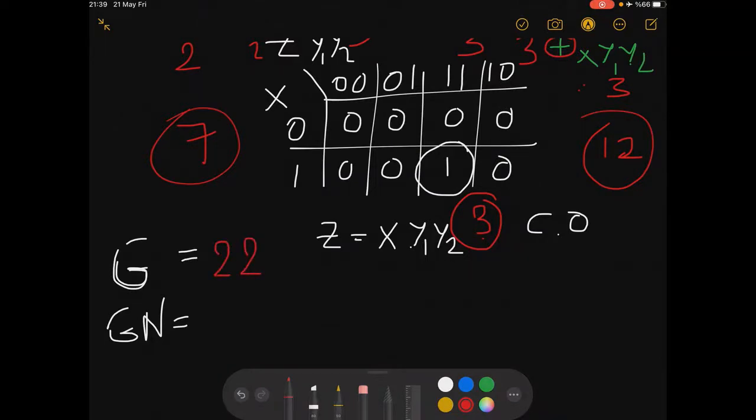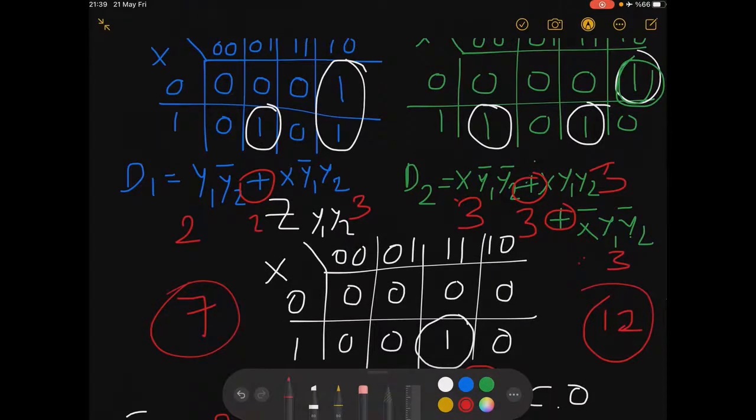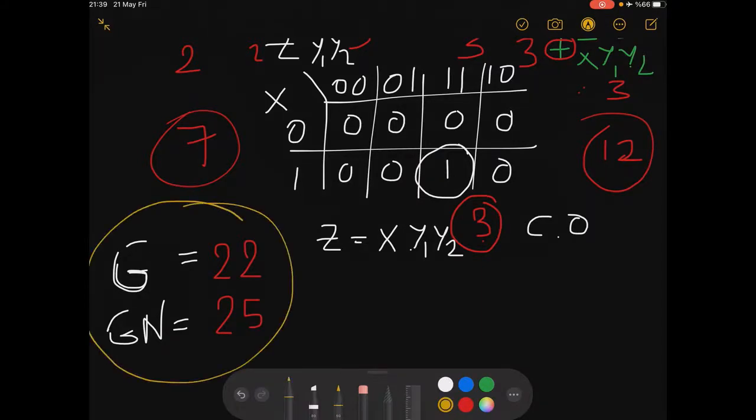But of course you can do multiple level optimization on this one to have a reduced cost. Of course you know how to do this. And what about the inverters here? Y1 is inverted, Y2 is inverted, and X is inverted. So gate input cost with NOT is 25. That is about your cost here with the counting order assignment.